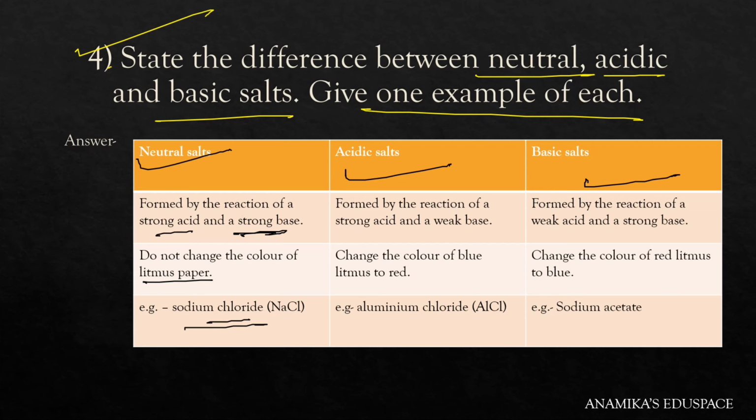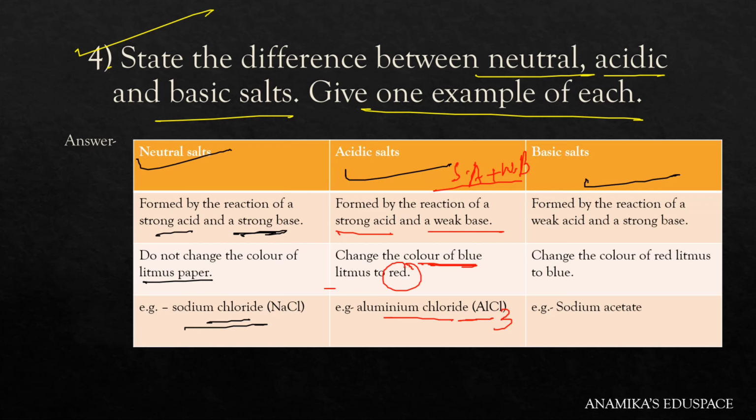Next is acidic salt. It is formed by the reaction of a strong acid and a weak base. Here, strong acid plus weak base is there. Clear? And they change the color of the blue litmus paper to red. For example, aluminum chloride, that is AlCl3.